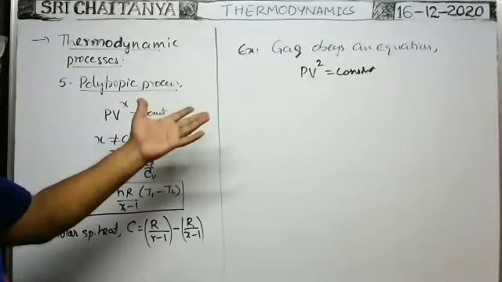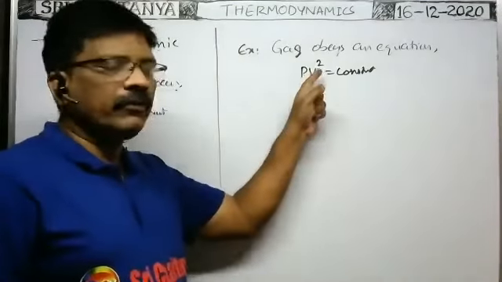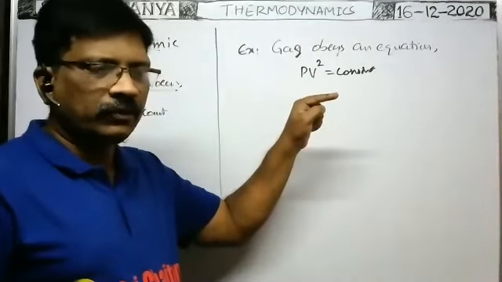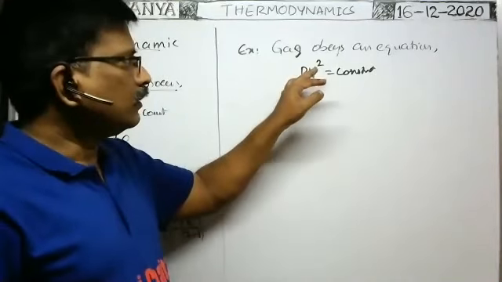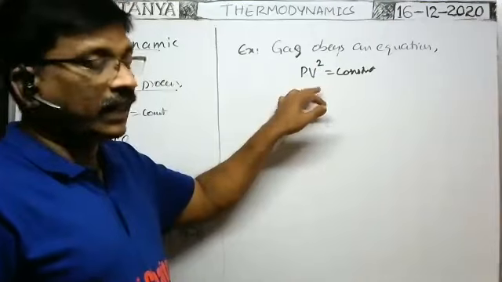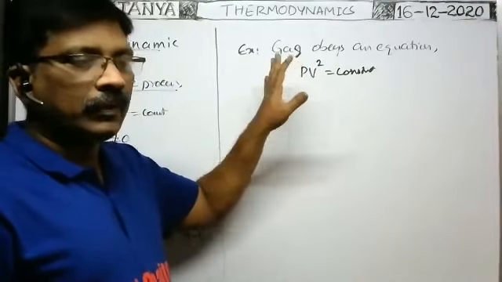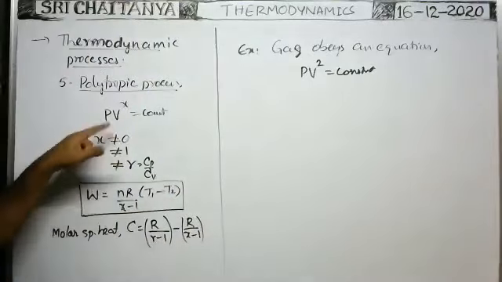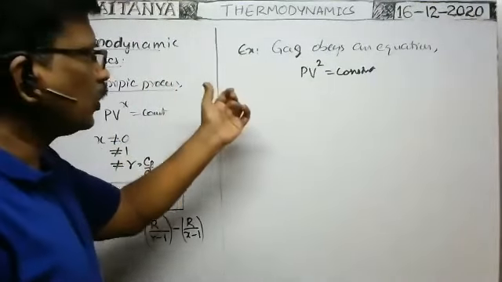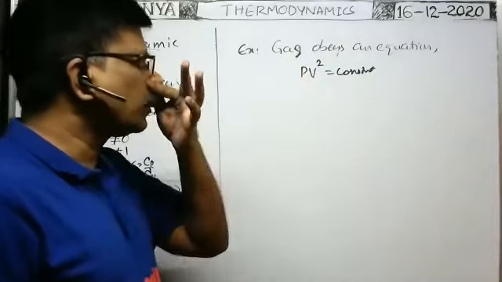It is not equal to the gamma value, because gamma values are 5 by 3, 7 by 5, next 4 by 3. We have gamma values like that, but gamma is not equal to 2. That's why no doubt it follows these conditions. It's not equal to 0, not equal to 1, not equal to gamma. That's why it is a polytropic process.